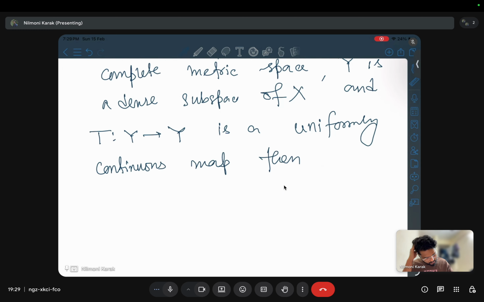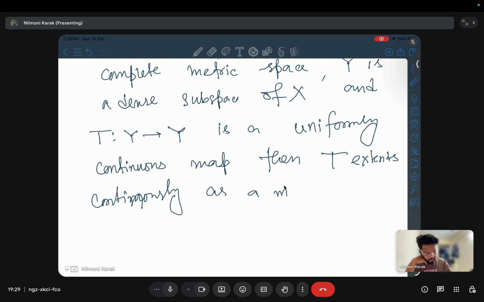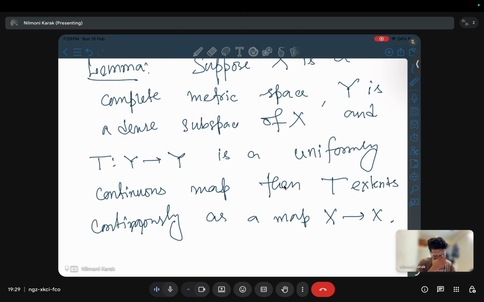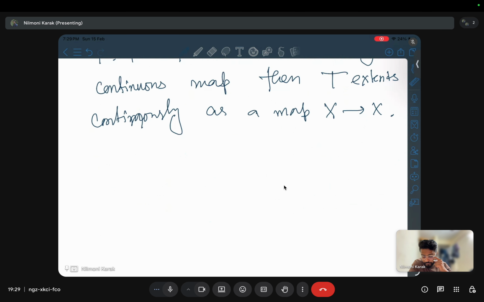Then T extends continuously as a map from X to X. The proof is already done in lecture. Simple.